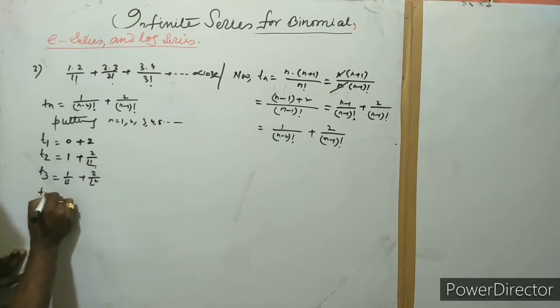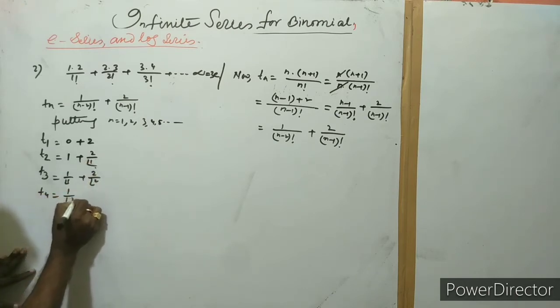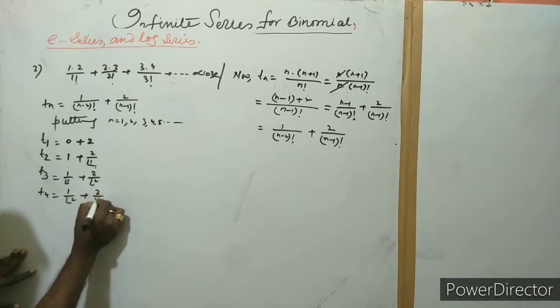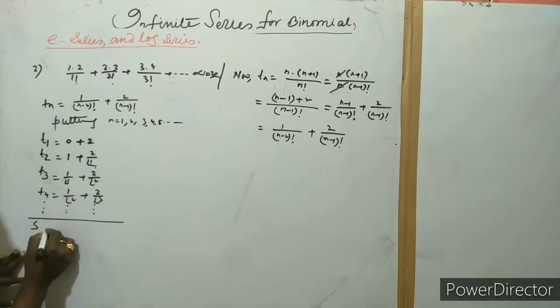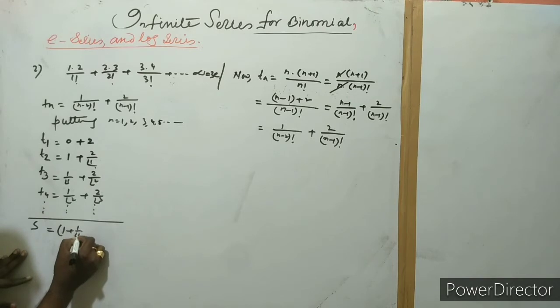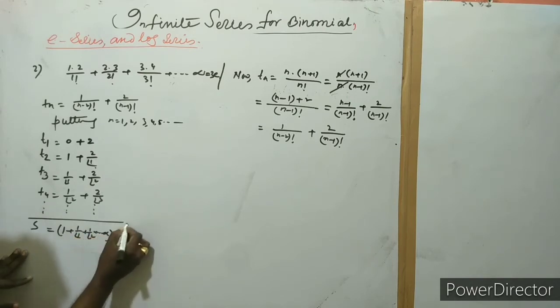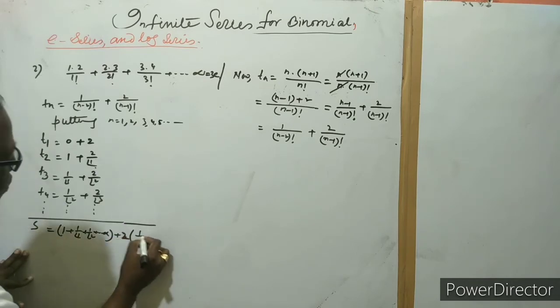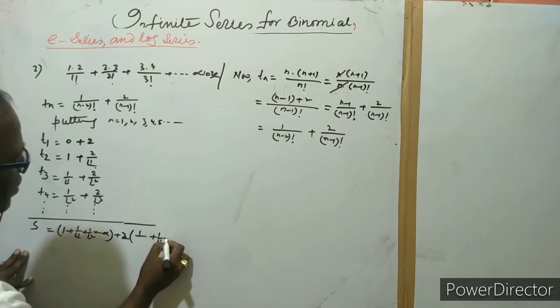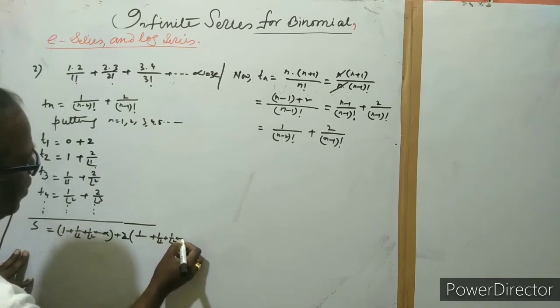For T4, we get 1 by factorial 2, and 2 by factorial 3, and so on. Doing the sum, the series is 1 plus 1 by factorial 1 plus 1 by factorial 2, and so on. Taking e common, it is 1 plus 1 by factorial 1 plus 1 by factorial 2.